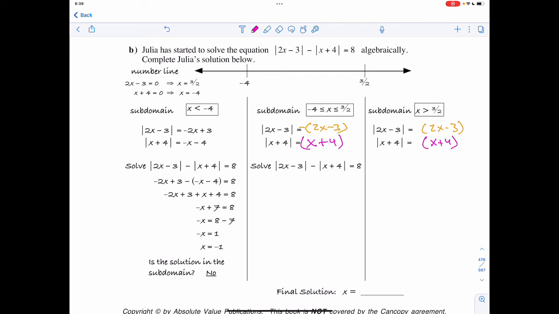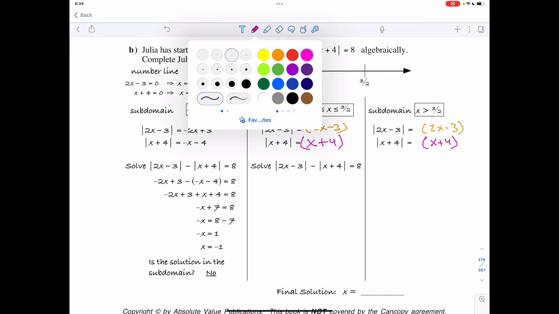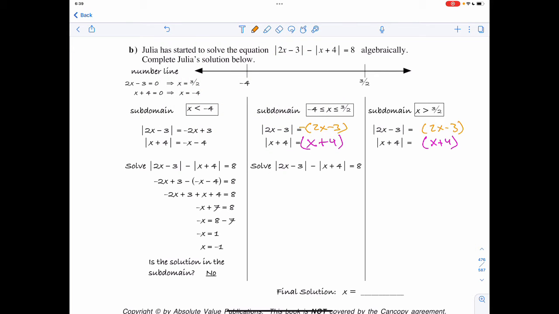When we go to the next domain, then we know that the 2x minus 3 is still negative. We know that the x plus 4 is positive, and it's still equal to 8.